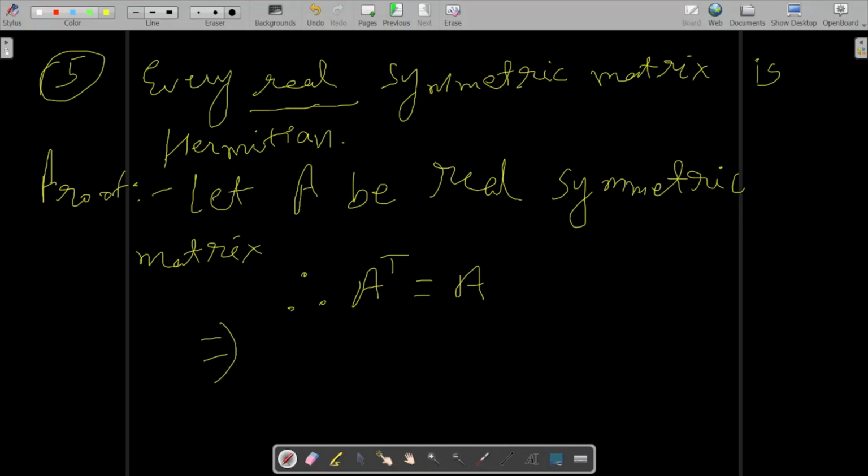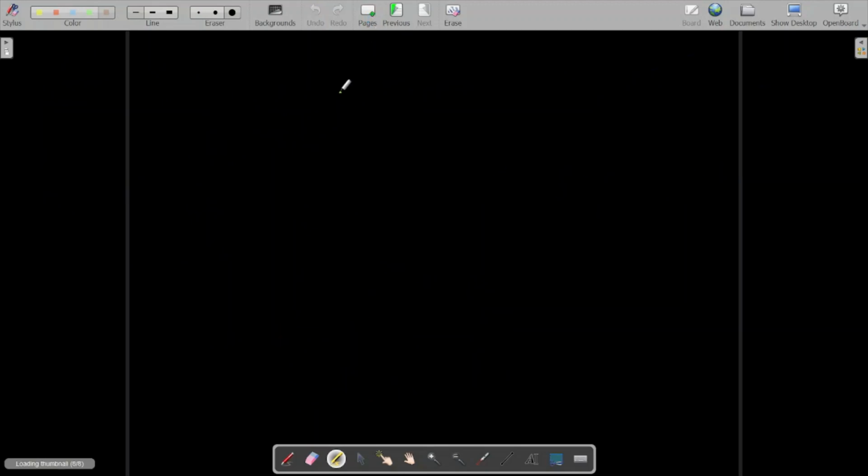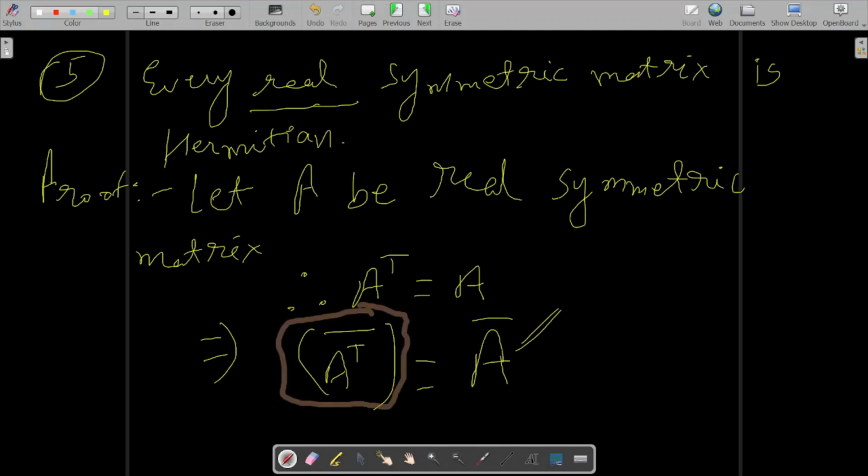So I took the conjugate over here, and on the right hand side also I will take the conjugate. By the definition of conjugate, this is basically your conjugate transpose. So that has come out to be A conjugate is equal to, now what will be the conjugate of A?